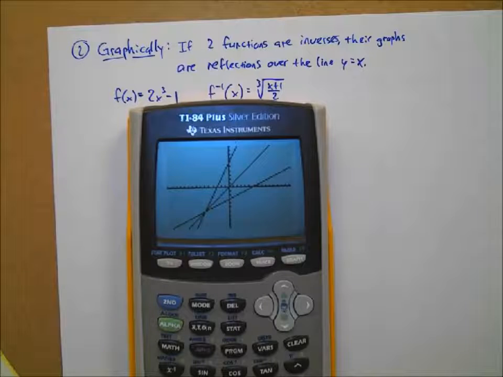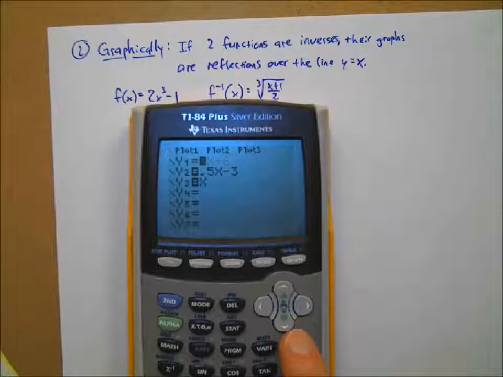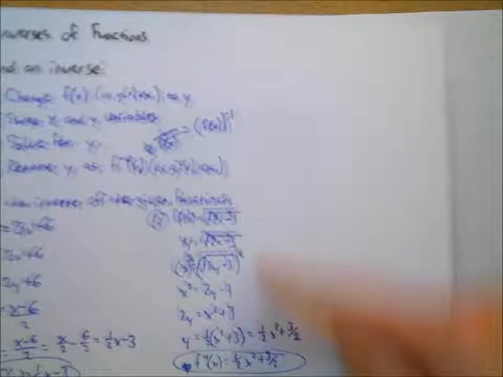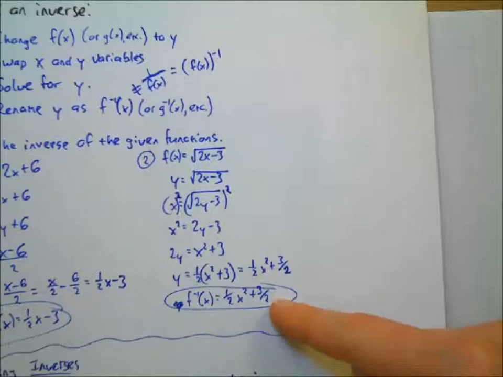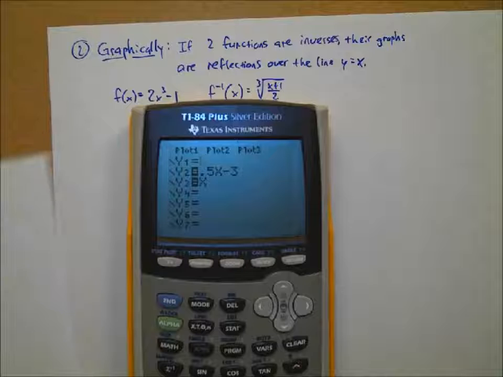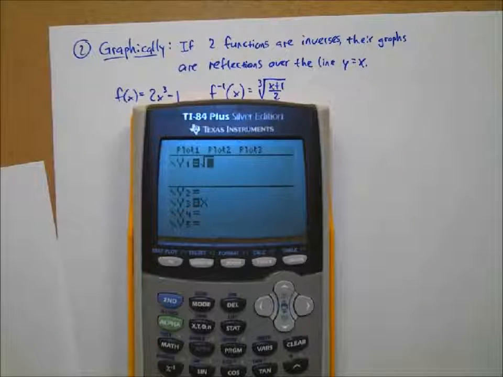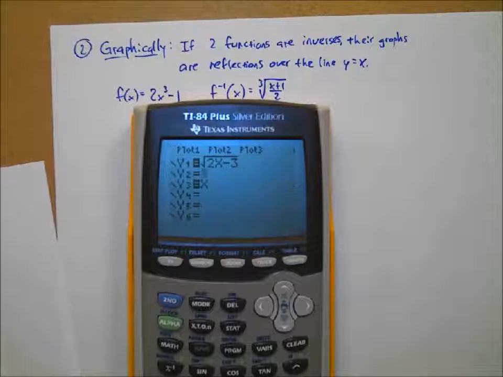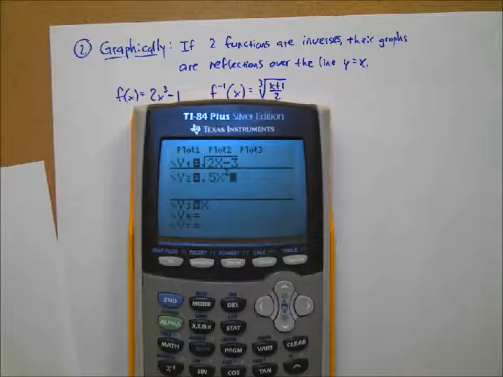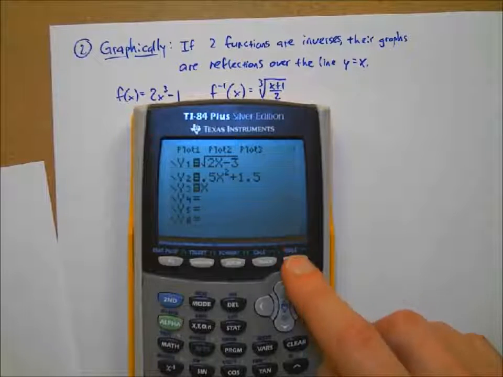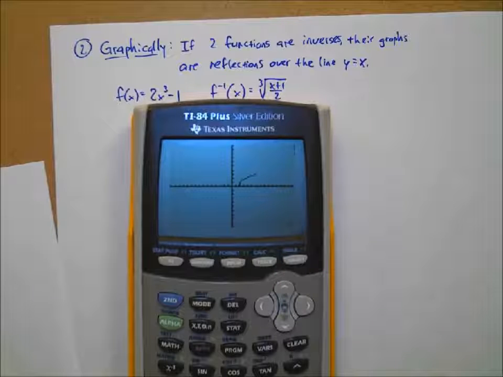And so here's what I want to talk about, though. I told you I wanted to come back to this function and the inverse that we calculated right here. If we look at that, 1/2 x squared plus 3/2, there's the one, there's the other one, and there's the line y equals x.